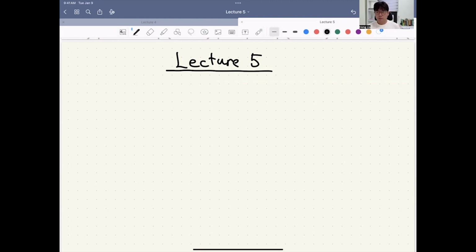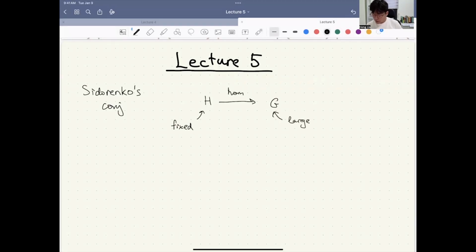In Sidorenko's conjecture, let's recall, what we do is we are trying to lower bound the number of homomorphisms from a fixed graph H to a large graph G. We are counting how many images of H there are in G. When G is large, homomorphism density and subgraph density are more or less the same. How many copies of H in G?